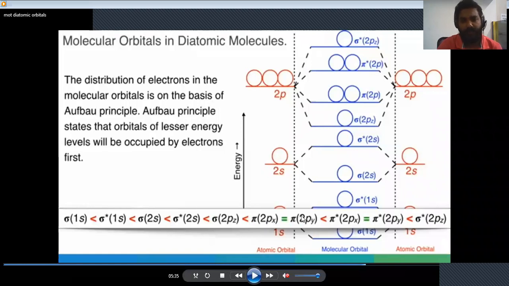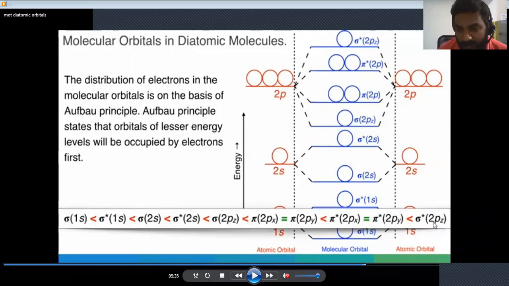Both are the same. Next this one is filled. The energy distribution of electrons in the molecular orbitals is on the basis of the Aufbau principle.